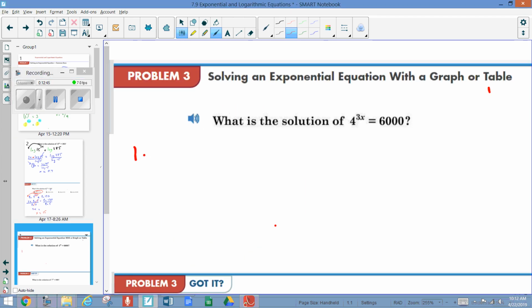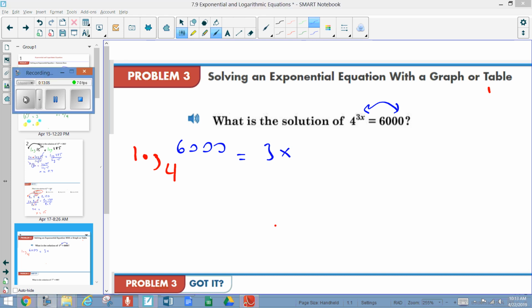Let's convert it into logarithm. Log base 4, switch number and variable, 6,000 is equal to 3x. We're going to put this one into the graphing calculator.